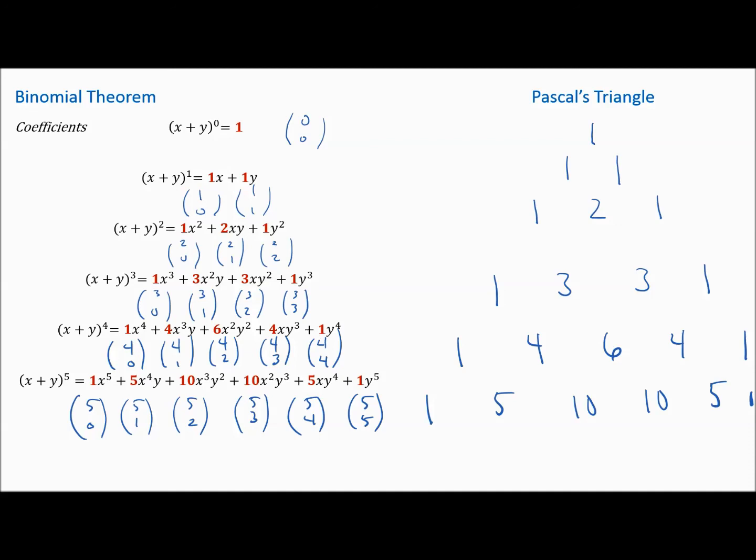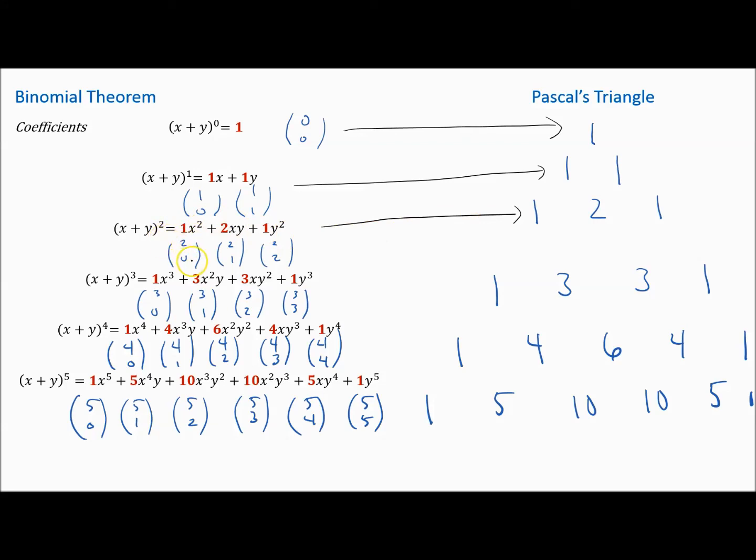Now, is that looking familiar? So look, row 1 right here is x plus y to the 0 goes there. Those are your coefficients. X plus y to the first, look, my coefficients are 1, 1. X plus y squared is row 3. So notice the row is 1 more than the exponent.